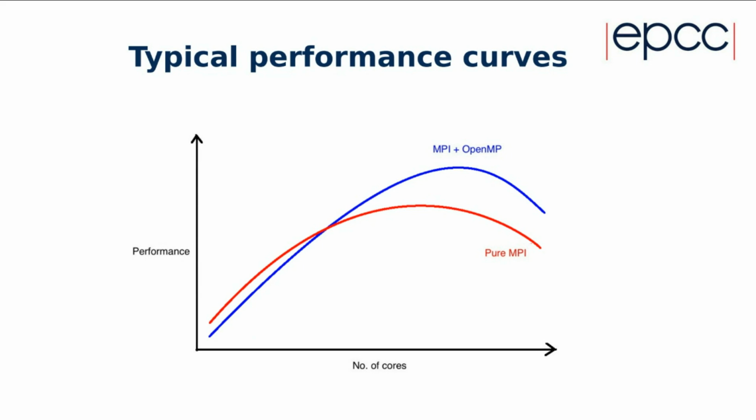That's the kind of behavior that you are probably going to get from a well implemented MPI plus OpenMP solution. Of course, it's possible to just have disaster, and if things don't go well, then it's entirely possible that the blue line just always lies below the red line, and that you don't gain anything at all.